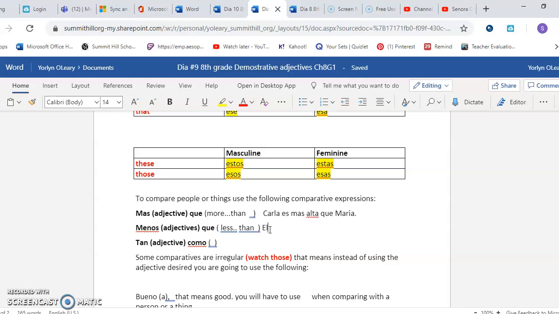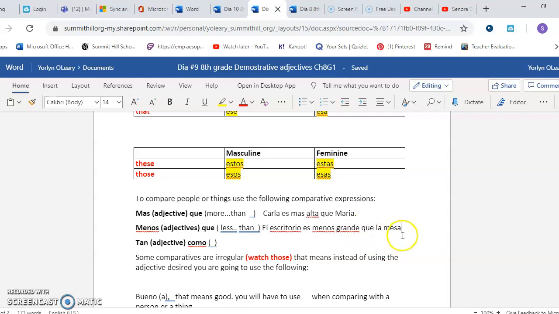So I could say, el escritorio es menos, here comes the adjective, grande, and grande ends the same for both genders, so it doesn't have to change according to the gender of the subject. El escritorio es menos grande que la mesa, okay? The desk is less big, it's smaller than the table. So that is an example of that.